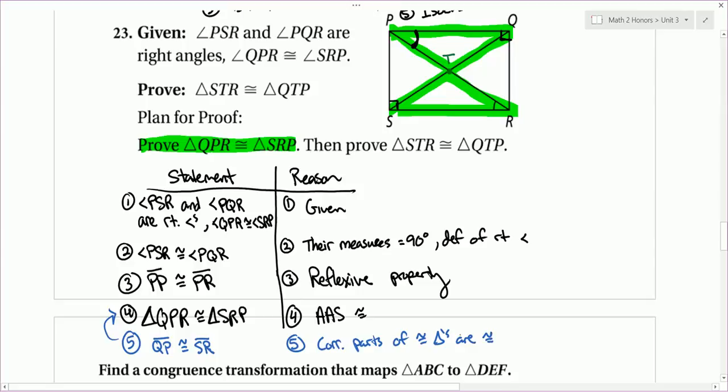Okay, and so we have this is congruent to this.